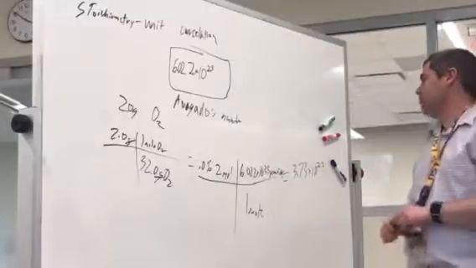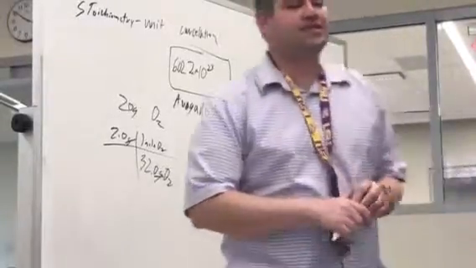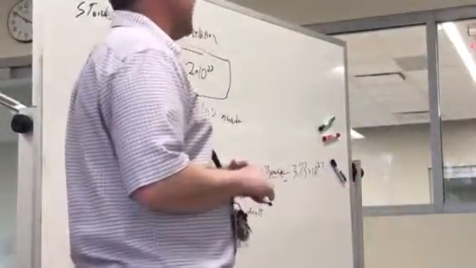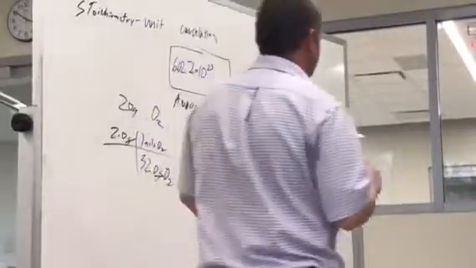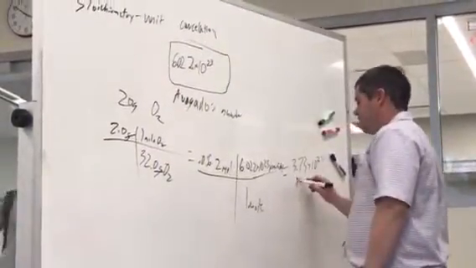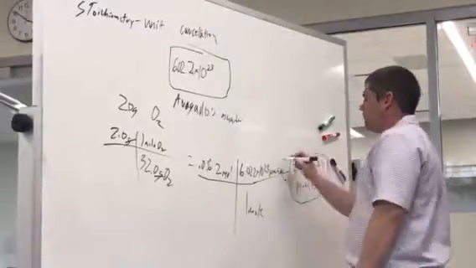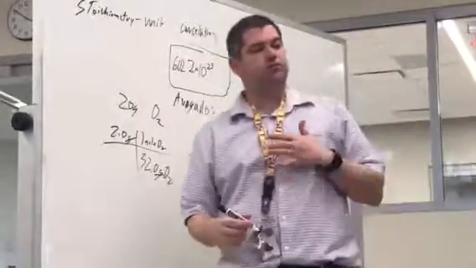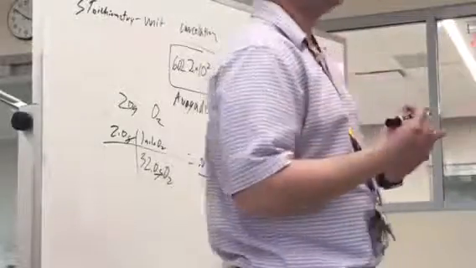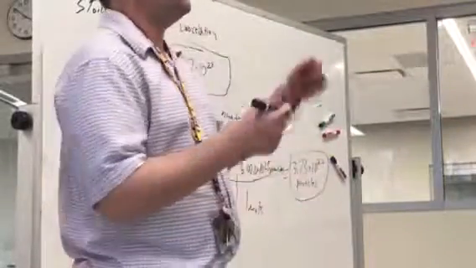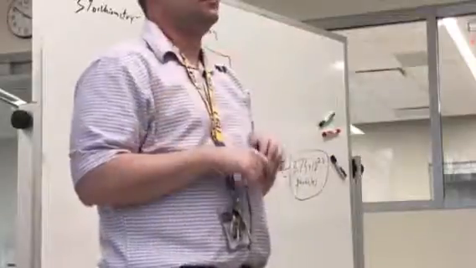So that equals 3.73 times 10 to the 22nd. Basically, this is how many particles you have. So you can go from grams to moles to particles. That little cheat sheet I gave you showed you which route to go.